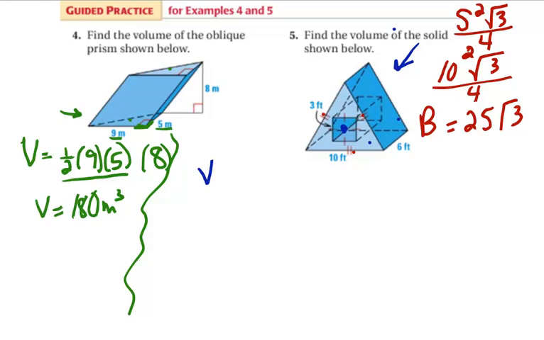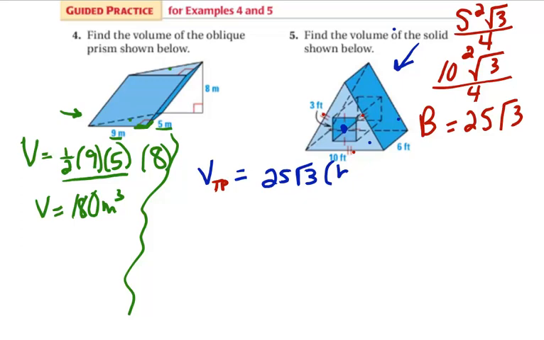Now, we're going to take that triangular base to find the volume of the triangular prism, and I'll just write TP to make sure you know this is the volume of the triangular prism. And the volume of the triangular prism is the base, 25 square roots of 3, times the height.